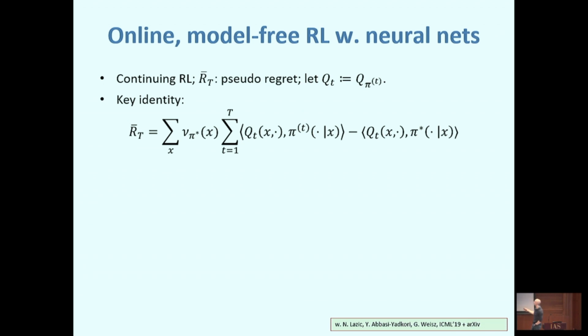We are in a loss framework, and so the Q functions are for cost. You have to compare it with the best choice in hindsight. This pi star is just fixed, like a fixed reference distribution. For every state, you have to control these quantities. It's sufficient to control them. If you control them for every state, then you'll be doing fine.